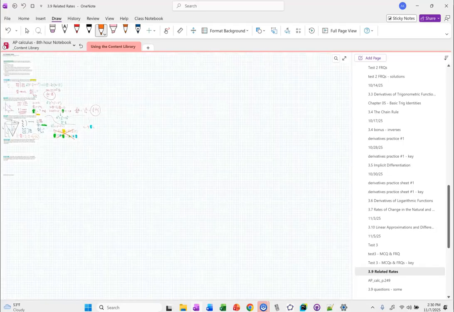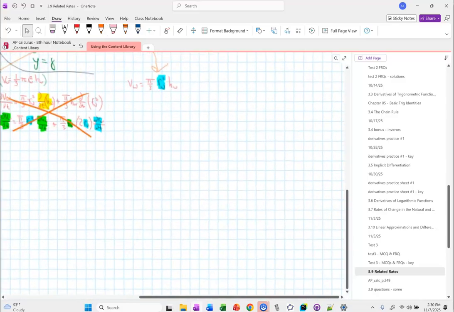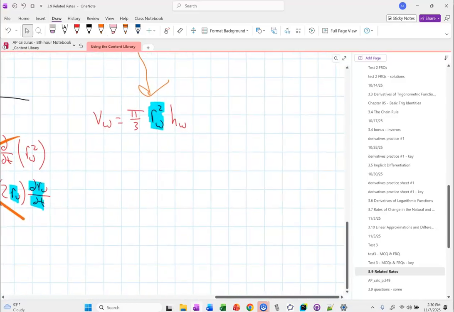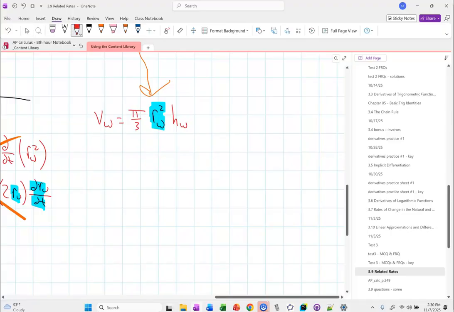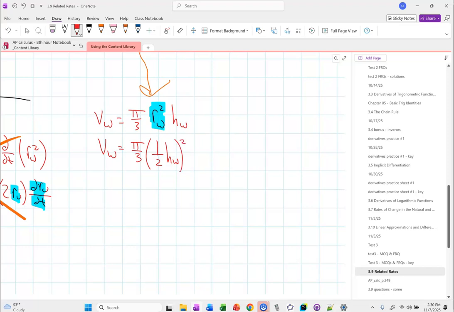So I'm going to take that and plug it in there, and then make us big again. Everybody's good? We'll clean that up a little bit before we take our derivative. So far, so good.